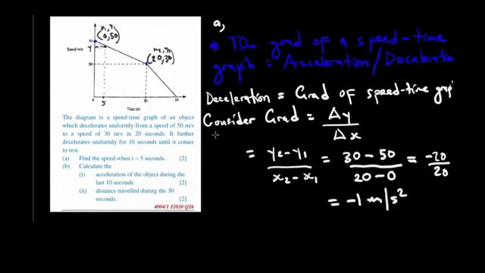Now, having done this, what we actually want to find is the speed when time is equal to 5 seconds. And here is how we are going to do it. We found out that the deceleration we calculated was equal to minus 1 meters per second squared.